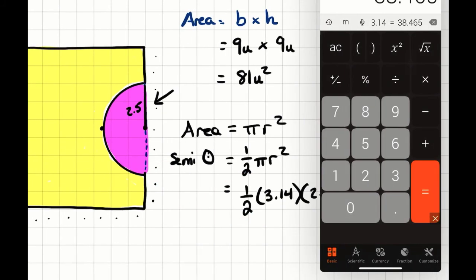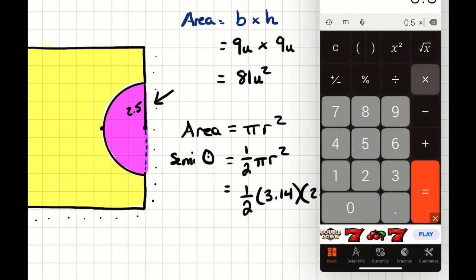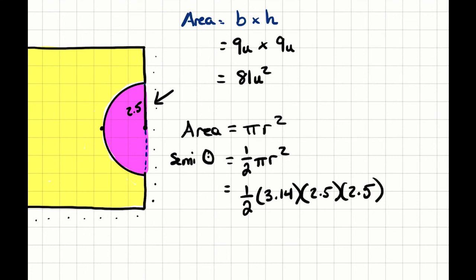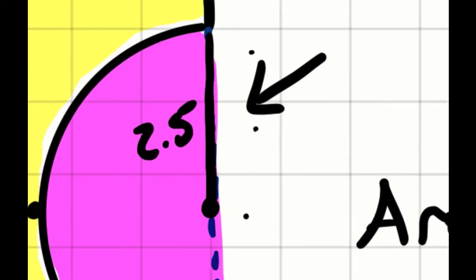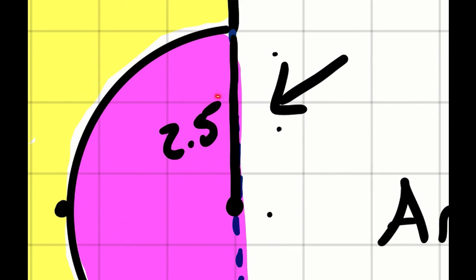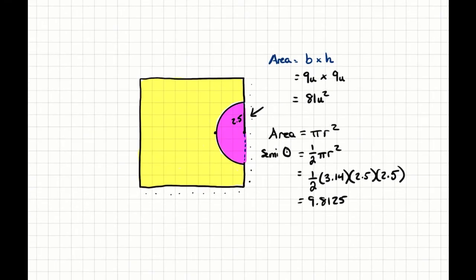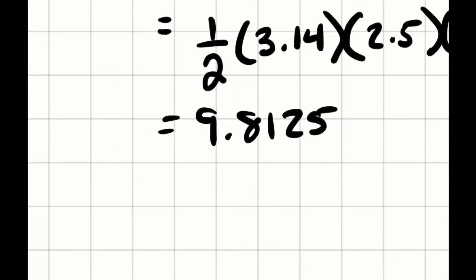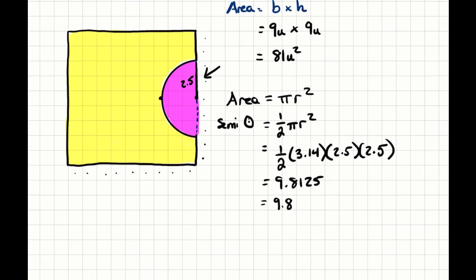That's not terribly challenging. 0.5 times 3.14 times 2.5 times 2.5 equals 9.8125. Because our problem has only one place past the decimal in its original numbers, we should probably round this to about 9.8 units squared.